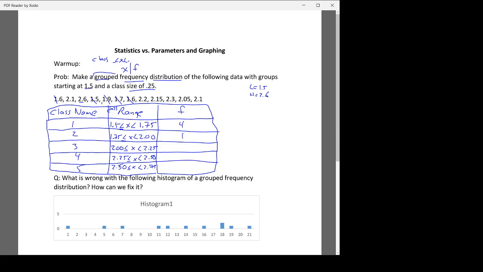And then 2 to 2.25. So there's 1, 2, see 2.15 is in there, 3, 4, 5 looks like. Wow, that's pretty big. And then 2.25 to 2.5. Just a 1. And then 2.5 to 2.75, there's just a 1 left.